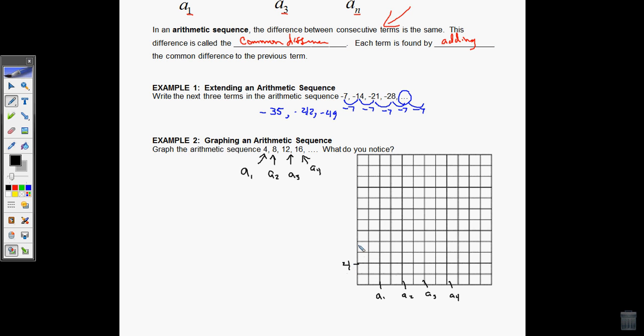So let's do 4, and 8, 12, and 16. And let's see what it looks like when I graph them out. A sub 1 is 4, a sub 2 is 8, a sub 3 is 12, and a sub 4 is 16.